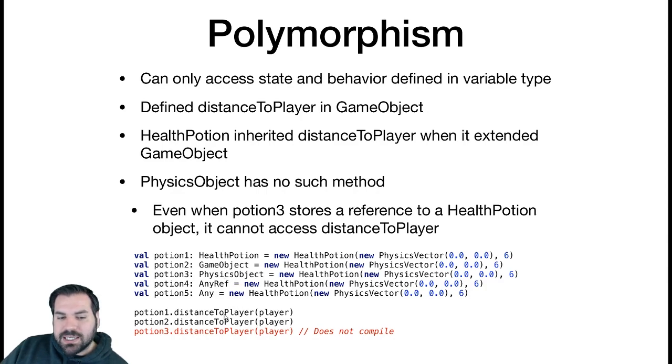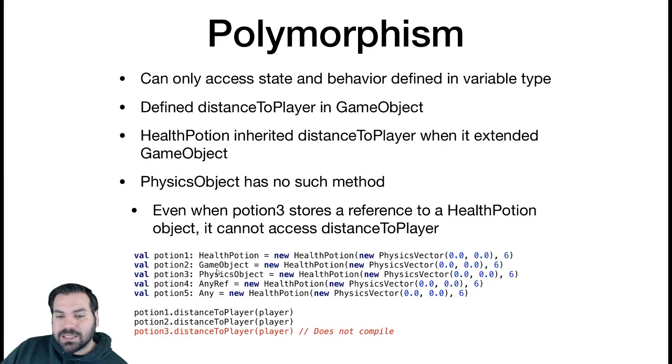So for example, the distance to player method, which we wrote in the game object class: when we have a variable of type health potion that stores a health potion, we get to call that distance to player method because the health potion class inherits that functionality from the game object class. Even though the health potion class itself doesn't know about the distance to player method, it's defined in the game object, but that was inherited by health potion.